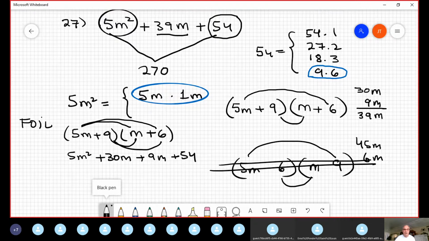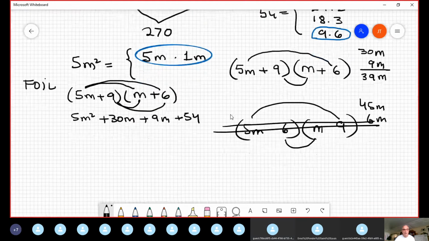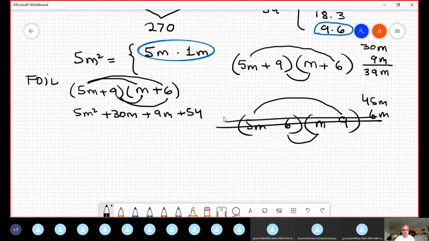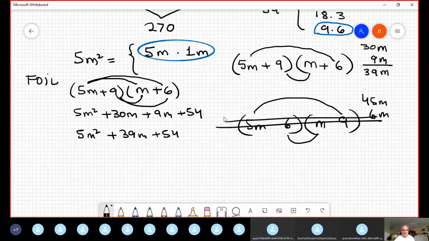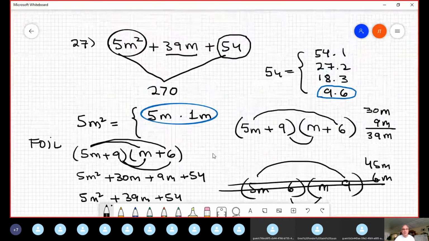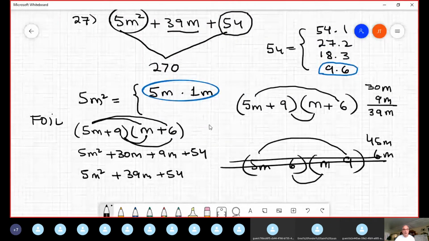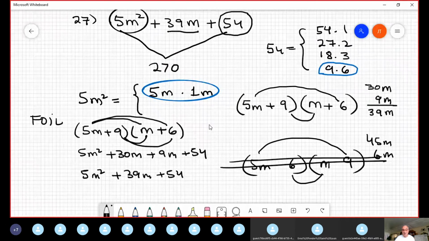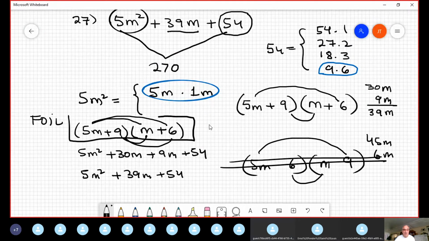Now you combine like terms. 30 plus 9 is 39. 5M squared plus 39M plus 54. It's exactly the same, the original trinomial. Look at that. Compare. So what is the answer? The answer is this. The factorization. Any question?